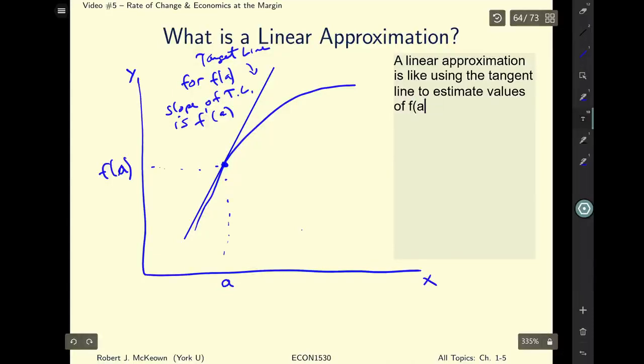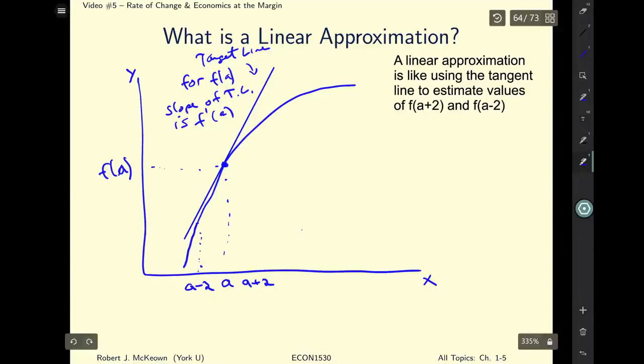f of A plus h. Well, let's use a number, say f of A plus 2, and we'll say f of A minus 2. So suppose I wanted to know what A plus 2 and A minus 2 are. I'm going to draw the curve down there.